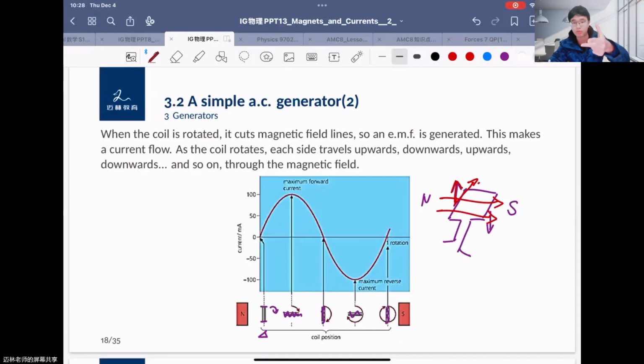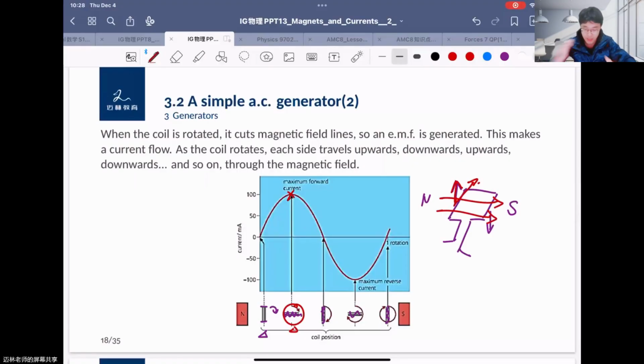So based on the left-hand rule, you can find they are perpendicular to each other. So at this time, you have the biggest current. Okay, you have the biggest current. So in the first place, you can find there's one right here. This represents the maximum forward current, right? Because they are perpendicular to each other.